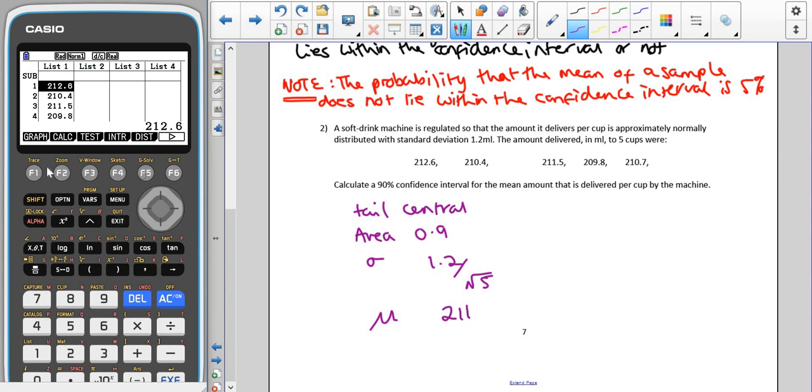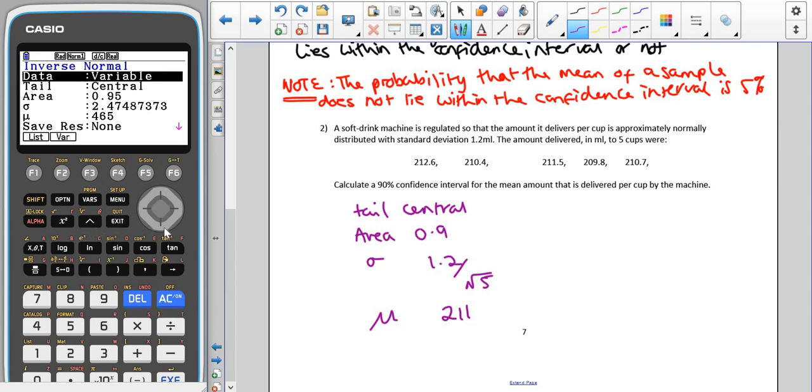So we're going into dist, norm, inverse normal, central, 0.9, 1.2, divided by square root of 5 and 211.